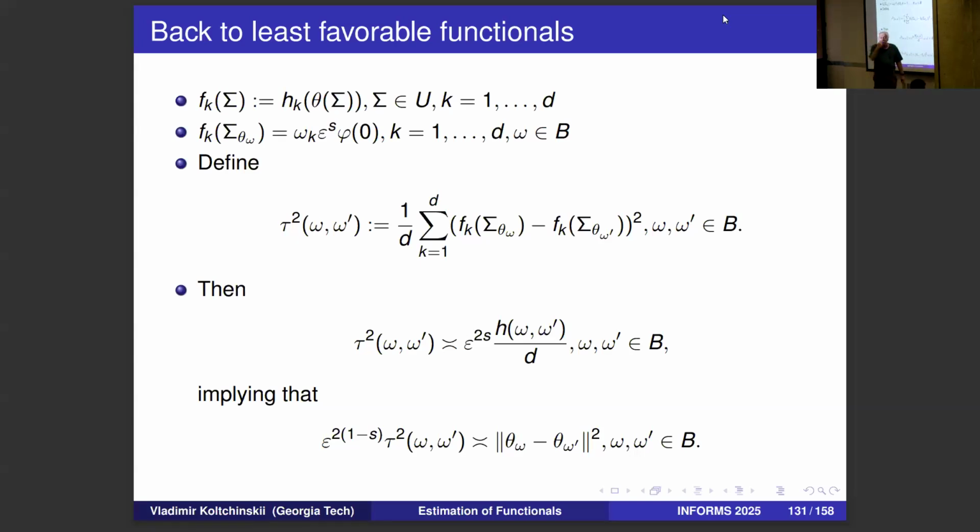These functionals will again be Hölder smooth, and again will possess this property: by looking at the values of this functional at sigma theta omega, we can recover omega. Moreover, if you introduce a certain distance between omega and omega prime in terms of the values of this functional, this distance will be, up to a factor, equivalent to the square of the Euclidean distance.